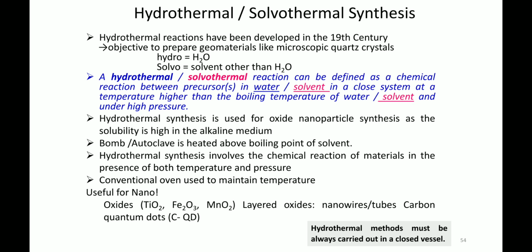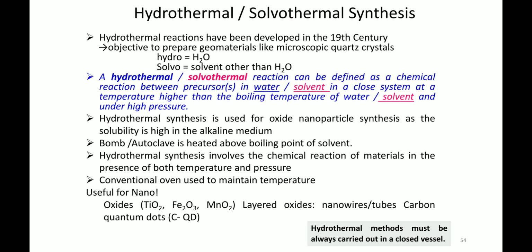If we try to define this technique, a hydrothermal or solvothermal reaction can be defined as a chemical reaction. Basically, in all these synthesis techniques, the formation of material takes place by chemical reactions between precursors. If you want to prepare zinc oxide, you have to use zinc nitrate, zinc acetate, or zinc chloride.